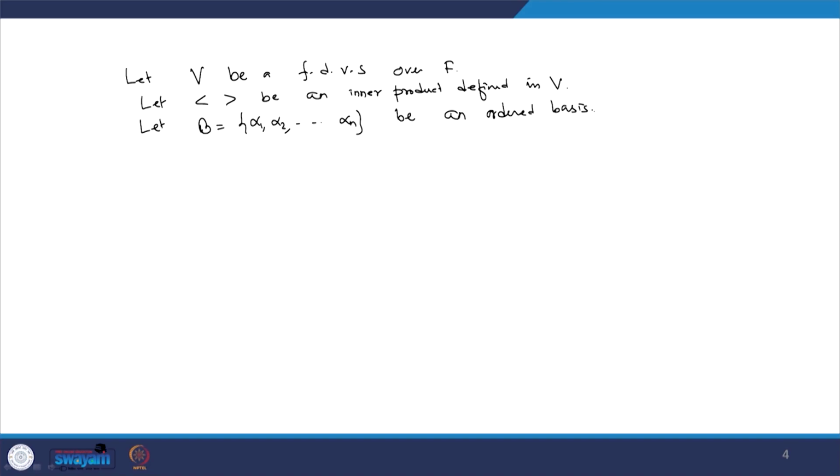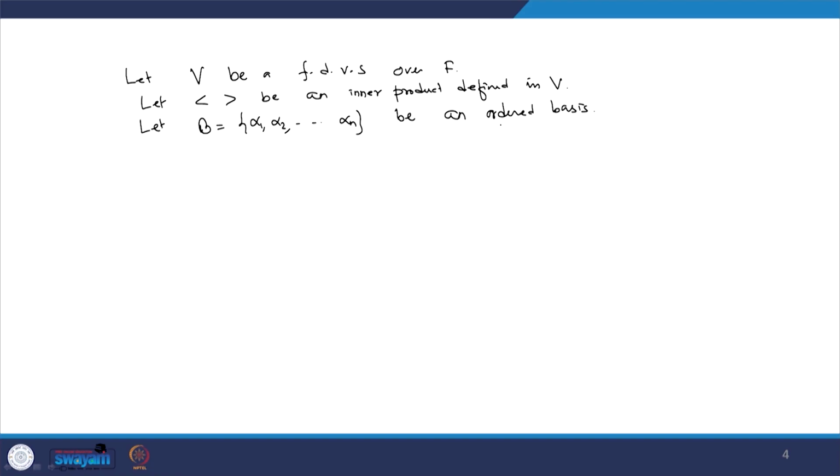So the answer is yes, it is possible, provided an ordered basis is given to us, please. Suppose an ordered basis of V is given to us. In that case we will be able to express the inner product of the vector space V explicitly by a matrix. Okay, so let me clarify this claim, please.